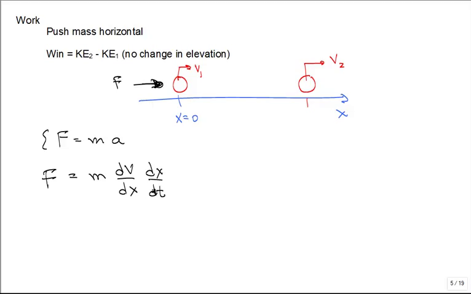I said A is dv/dt. But I think that I can also express v as a function of x. So I can say dv/dx times dx/dt. That's equal to A. Hey, from calculus, I think I remember this. What was the name of this little trick again? Chain rule. See?